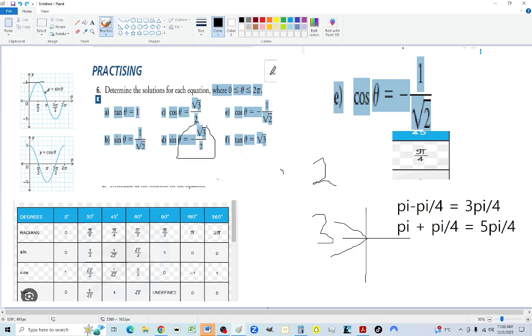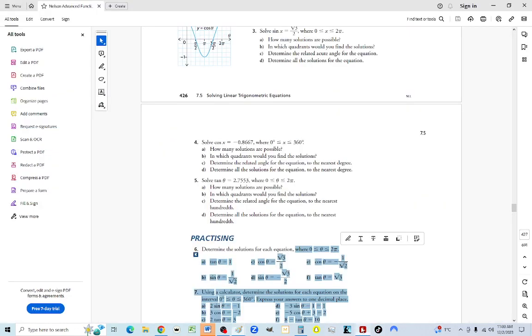So in quadrant 3, we're talking about pi plus pi over 3, which is 4 pi over 3. And in quadrant 4, we're talking about 2 pi minus pi over 3, which is 5 pi over 3. In tan, it's square root of 3, which is pi over 3. Tan is positive in quadrants 3 and 1. So we're talking about pi over 3 and pi plus pi over 3, 4 pi over 3. That's how you do all of those.